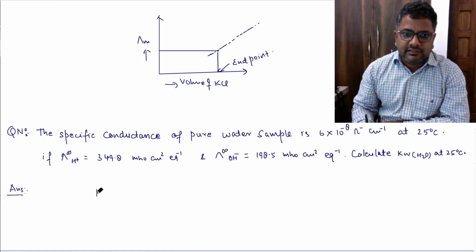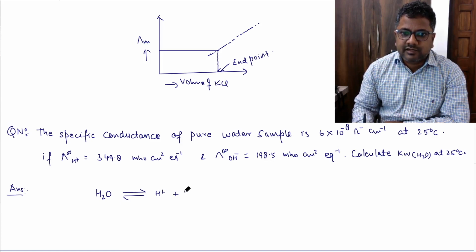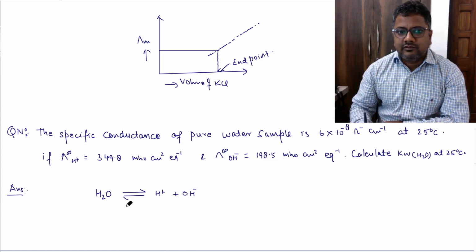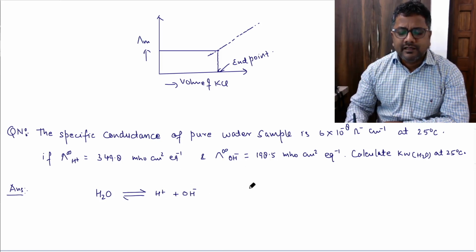You know, water is a very weak electrolyte and it is feebly ionized like sparingly soluble salts, H plus plus OH minus, and you can consider this like the sparingly soluble salt, that the concentration of ions you can consider as solubility, right?